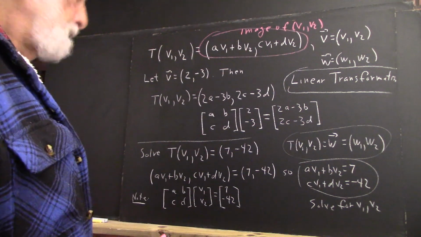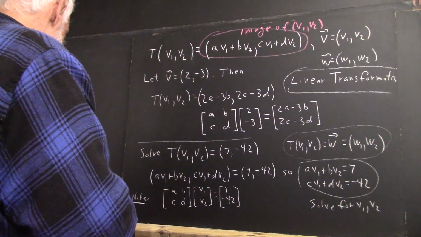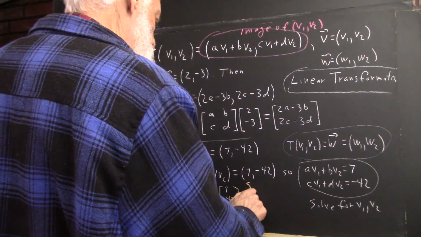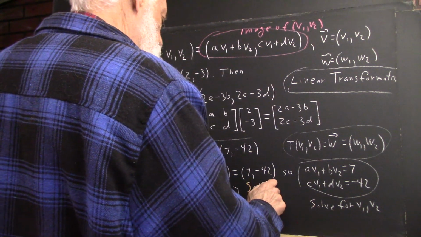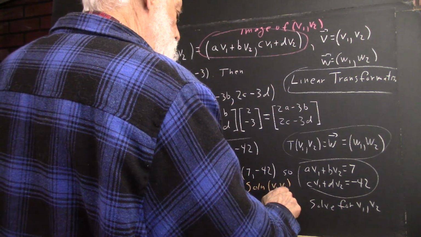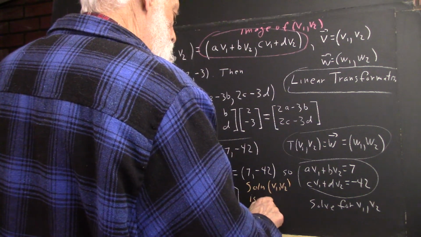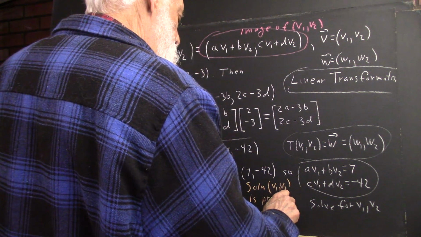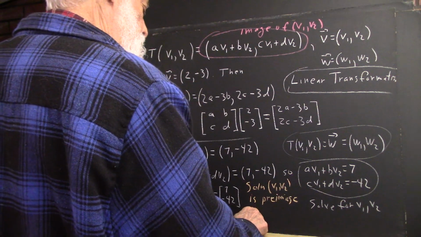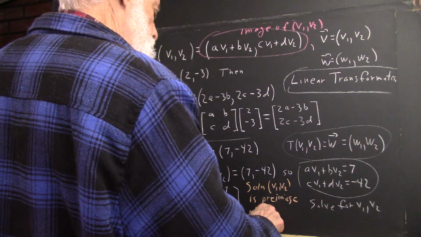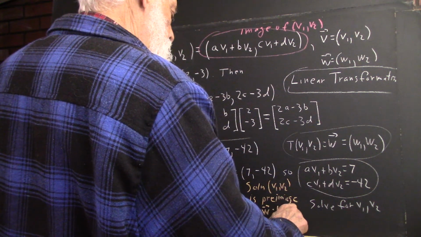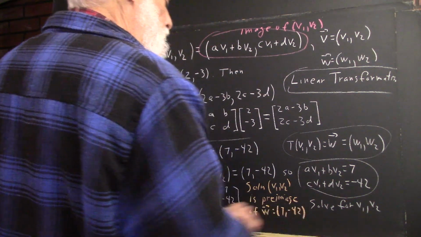So, write that in something that'll show up a little better. Our solution (v1, v2) is the preimage of w equals (7, -42).